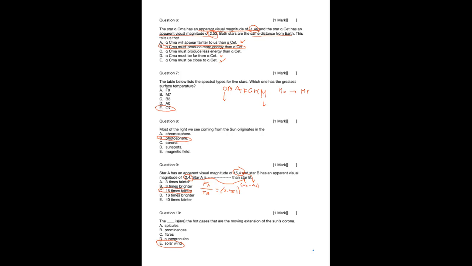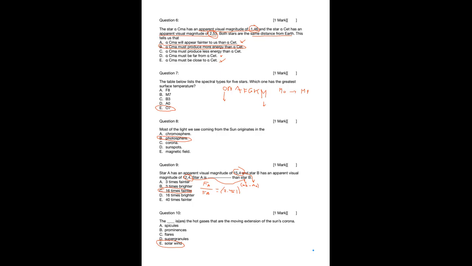Star A has an apparent visual magnitude of 15.4, and star B has an apparent visual magnitude of 12.4. So star A is what in star B? Remember, the smaller the number, the brighter the star. Star A is 15.4, star B is 12.4, so we automatically know that star B is already brighter than star A, and star A is already fainter.